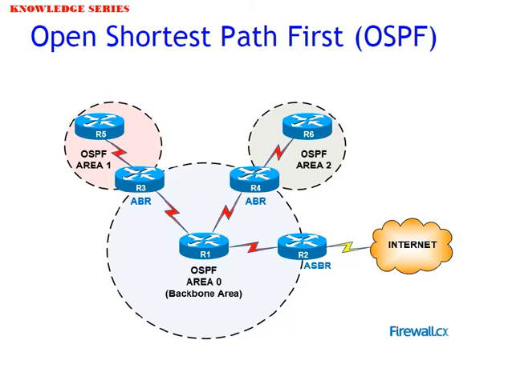Now coming, if you try to see across this one, you can see there are some components like ABR and ASBR. So ABR is basically a router, and that router is located on the border point.